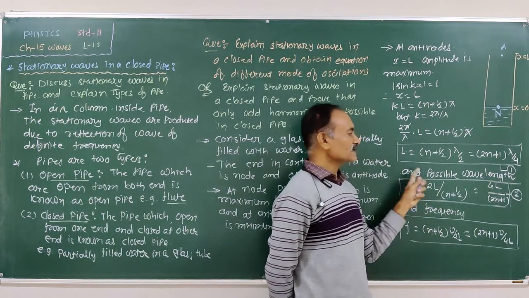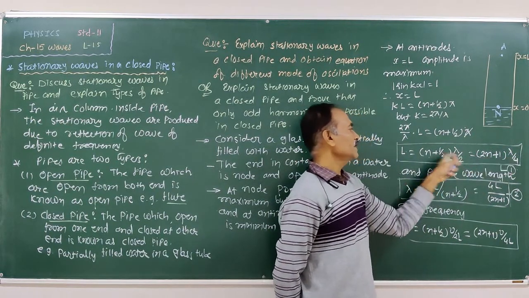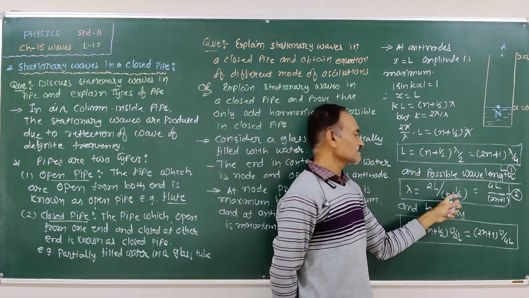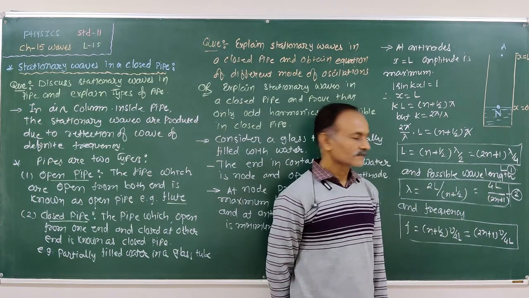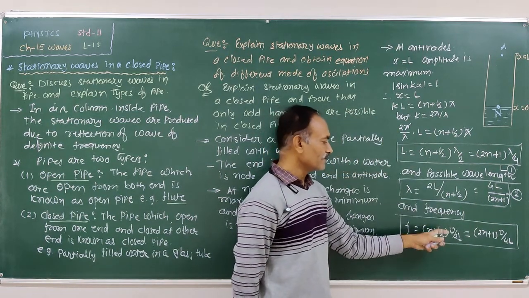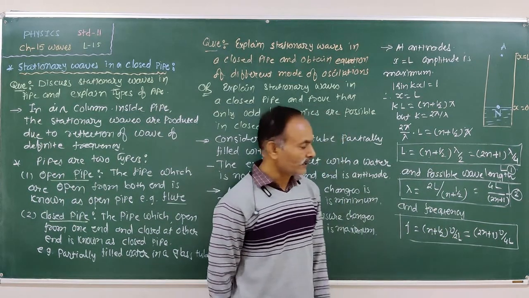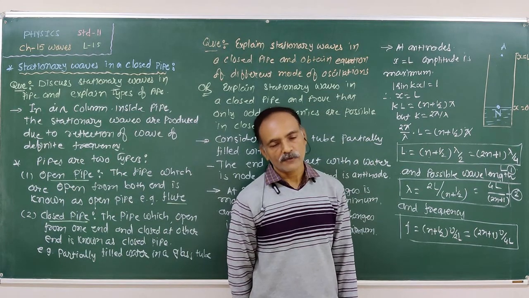And the possible wavelength, lambda is equal to 2L upon n plus 1 by 2 or 4L upon 2n plus 1. And frequency f is equal to n plus 1 by 2 into v upon 2L, equal to 2n plus 1 into v upon 4L.